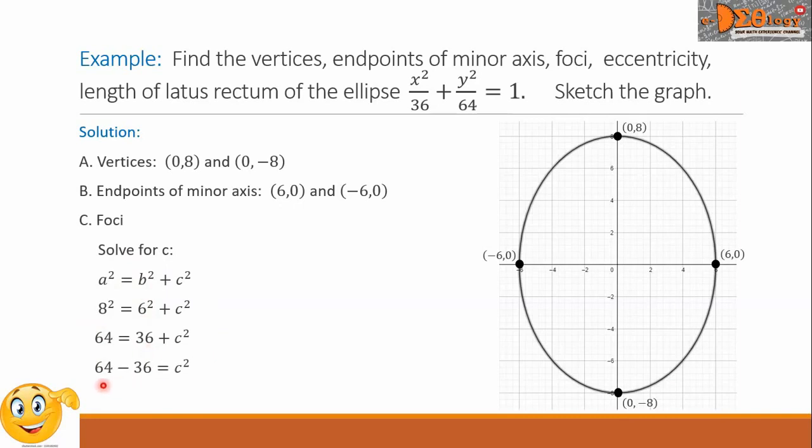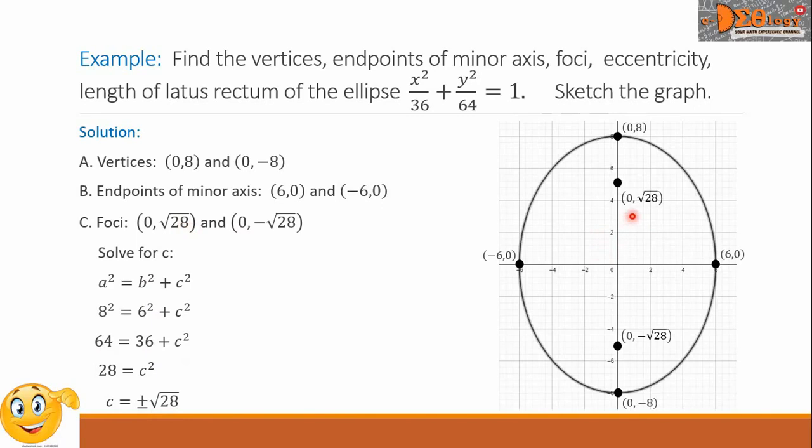This is now 64 minus 36 equals c squared. And the difference is 28. Taking the square root of this equation, we will get the value of c equals plus or minus the square root of 28. It means to say the coordinates of the foci are (0, square root of 28) and (0, negative square root of 28). These are the points.